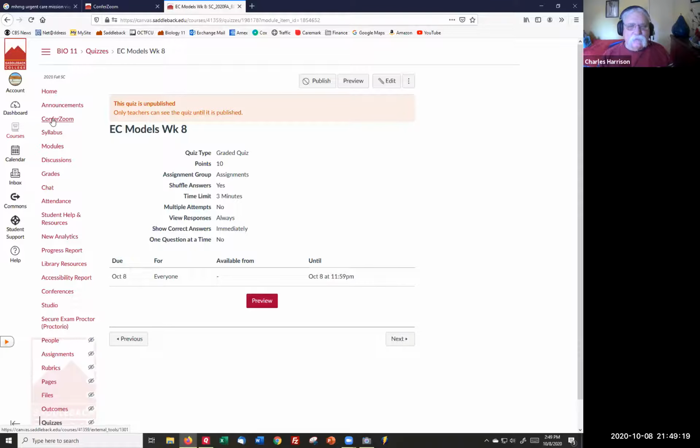If you get kicked out of Confer Zoom, work the test and get it submitted. It will time you at 3 minutes from the time you open it, and it will cut you off at 3 minutes. So try to go back into Confer Zoom. If you get kicked out, then you know how to get back in. Just go to Saddleback, Canvas, log in, all that stuff, and then come to Confer Zoom once again and rejoin.